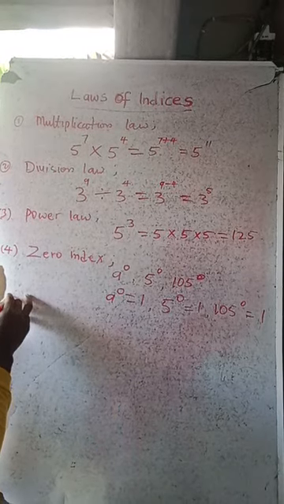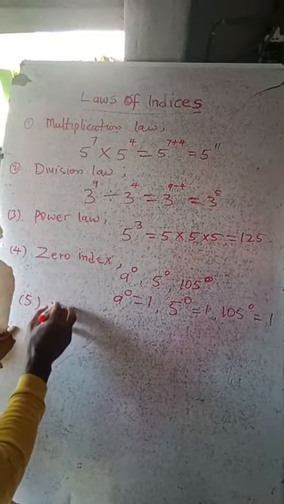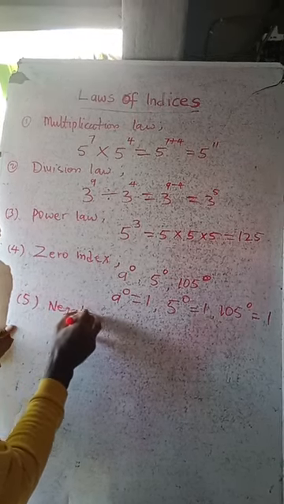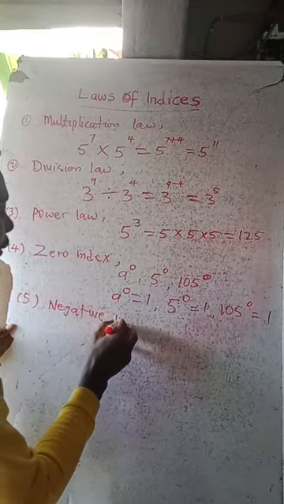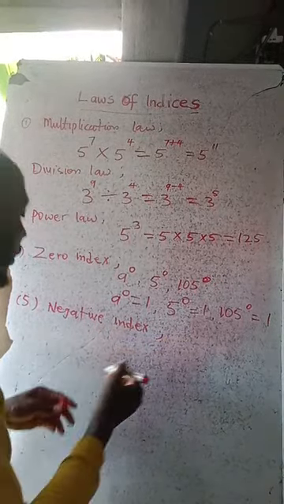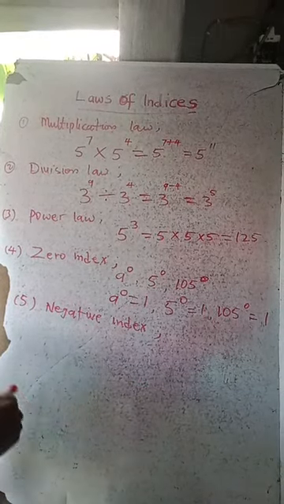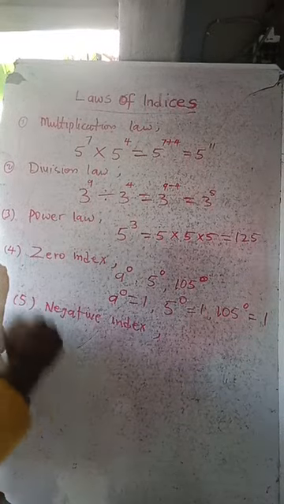The fifth law we are going to talk about is negative index. Okay, now you know what negative is? Minus. And you know what index is? Power.